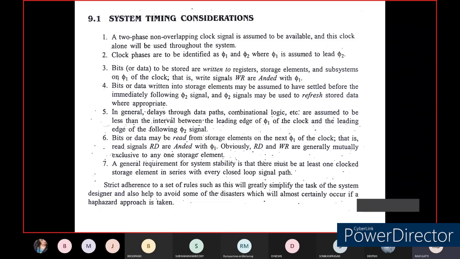In system timing consideration, whether you take a combinational circuit or a sequential circuit, whatever operations you do, the realization, whether it is the implementation of adders or some Boolean expression, has to be driven by a properly synchronized clocking system.